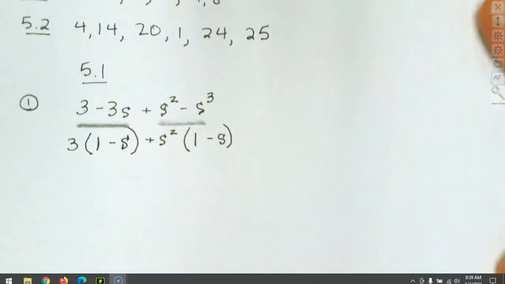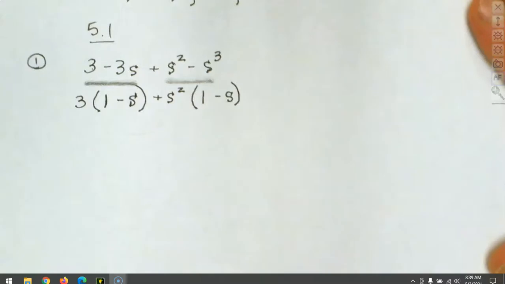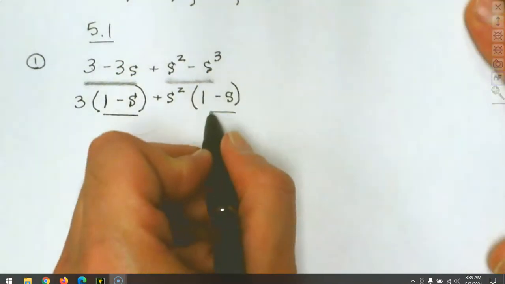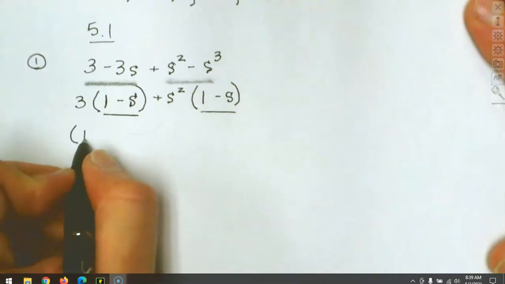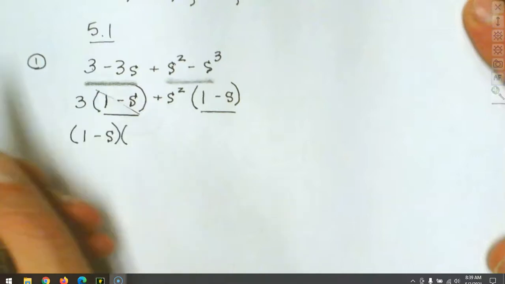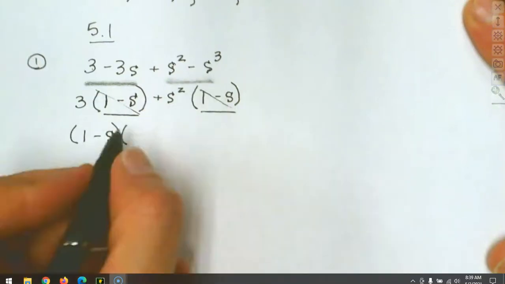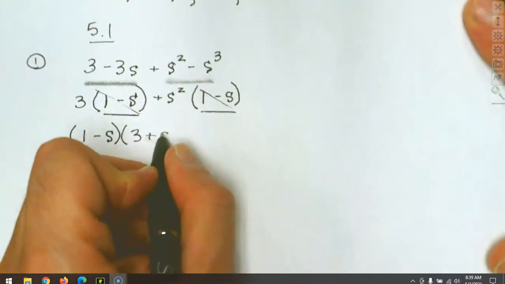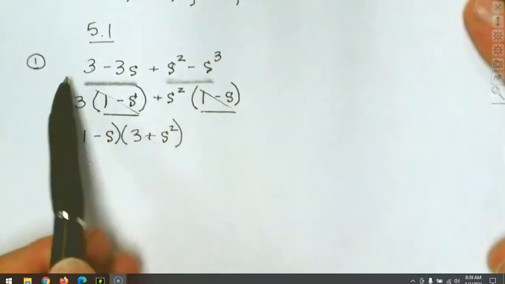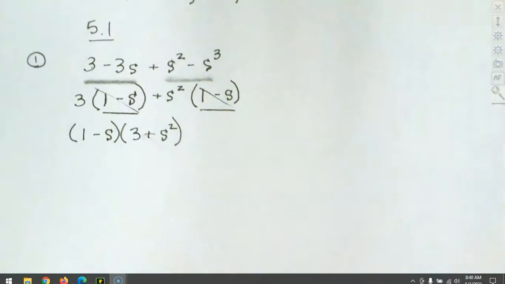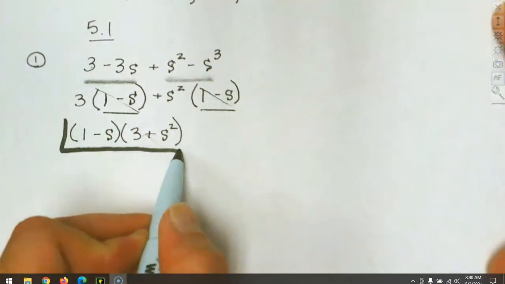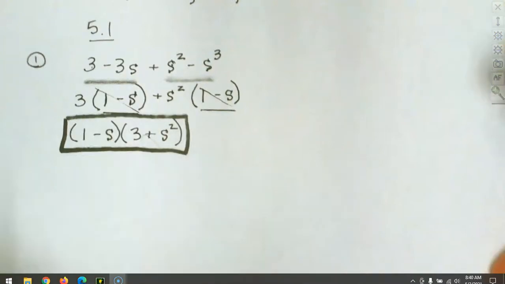Now, if we're doing it correctly, those parentheses, those groupings should be the same. These are the same, aren't they? So I can write that as 1 minus s. And if that's gone and that's gone, then what's left over? 3 plus s squared. So you just scratch them out and write what's left over. So that's going to be your final answer for that first question. And that's as far as you can go.